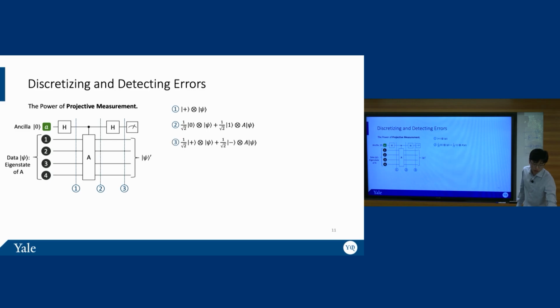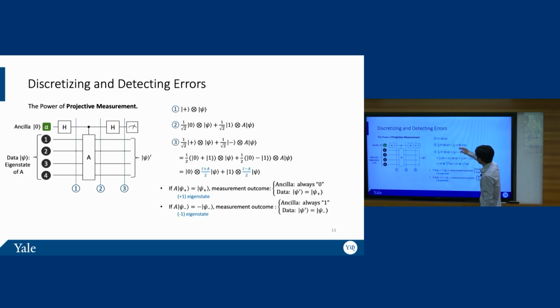So I'm going to flash through the same derivation that we did, but replacing the X1, X2, which is the previous example, by a generic operation A. And then we can do the same regrouping and define some kind of projective operation, (I plus A)/2, (I minus A)/2, and the resulting state is either (I plus A)/2 multiplying psi if the measurement is 0, or (I minus A)/2 acting on psi if the measurement is 1.